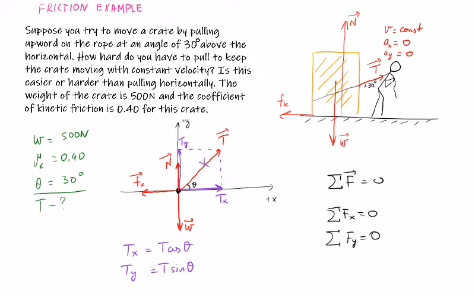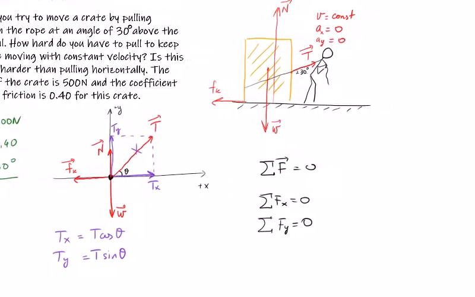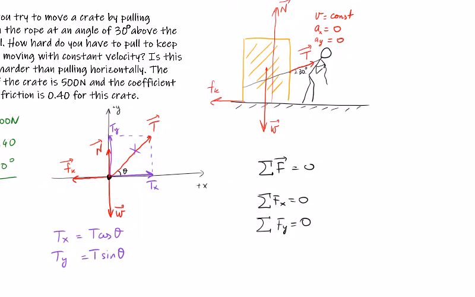So now let's put in all the forces. On the x-axis we have Tx minus Fk equals 0. And then on the y-axis we have Ty plus normal force minus weight equals 0.